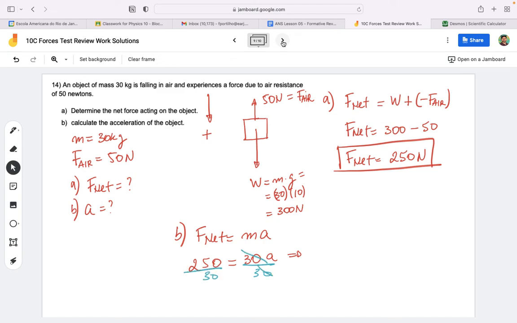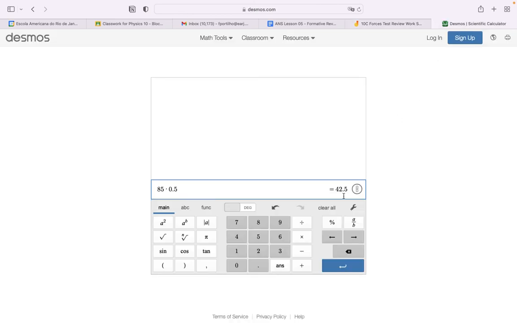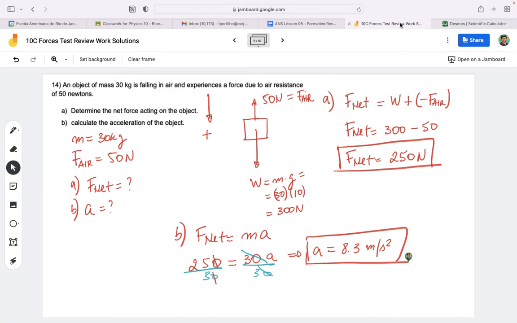We are left with 250 divided by 30. We cancel the zeros, and if we divide 25 by 3, we end up with 8.3 meters per second squared. Let's round it off to 1 decimal place. And this is what we're going to have.